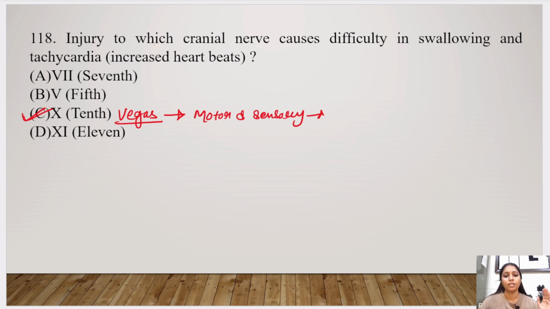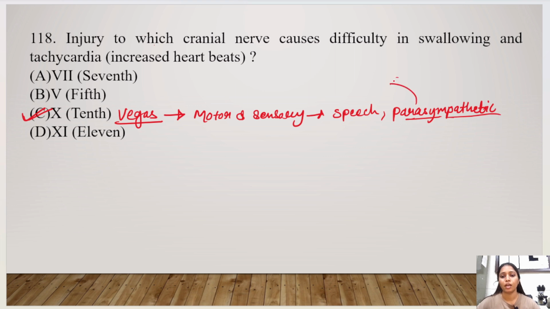So difficulty in swallowing, or dysphagia, occurs due to injury or impairment of the vagus nerve, impairing the laryngeal muscles, and this nerve also controls speech and controls the heart by parasympathetic control.